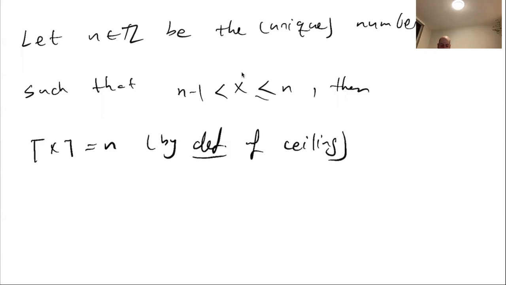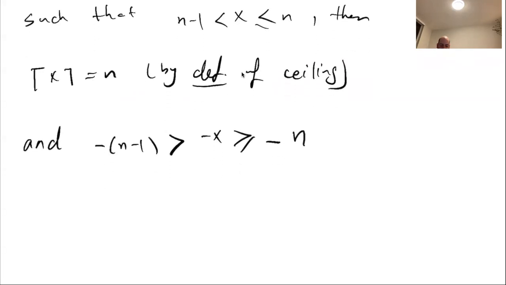And what about the floor of minus x? If I multiply everything by minus, n minus 1 becomes bigger than minus x, bigger than or equal to minus n. When you multiply an inequality by a negative number, the inequality flips.